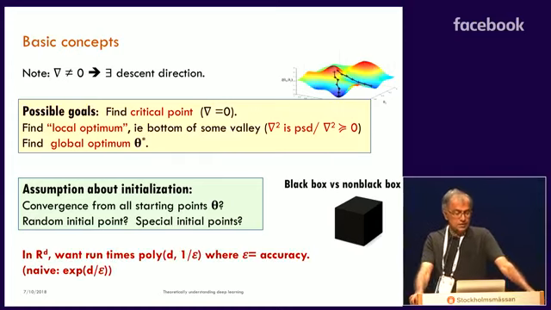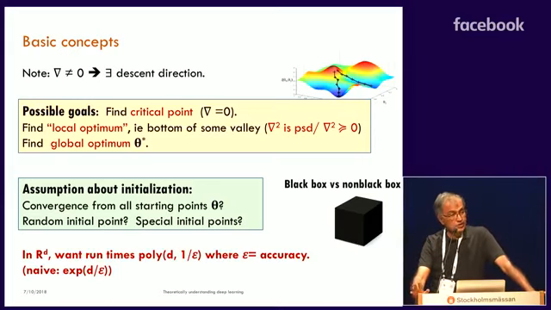An important point to make is that in theory, we are interested in efficient algorithms, provably efficient algorithms. And if you have d parameters, so your optimization is in R^d, then you want running times polynomial in d and 1/epsilon, where epsilon is accuracy. That's just tradition in optimization theory to express running times like that. Obviously, you want polynomials that are low, like linear or something like that.